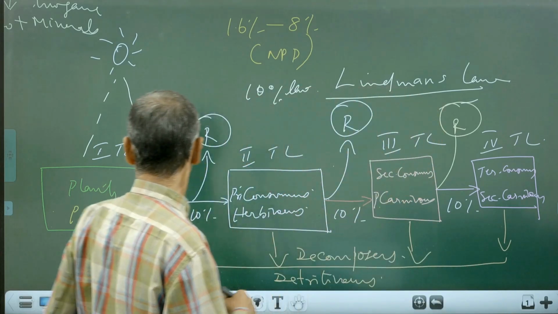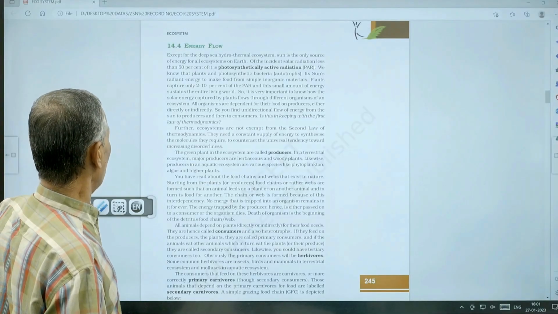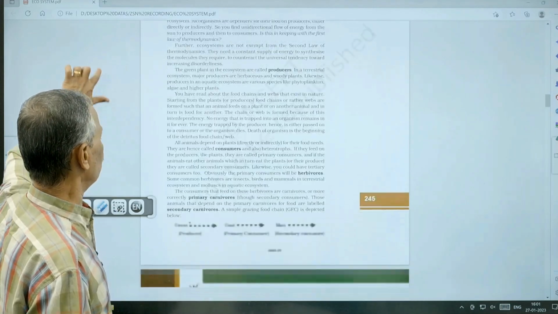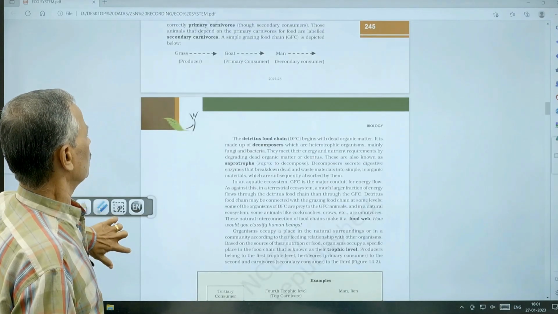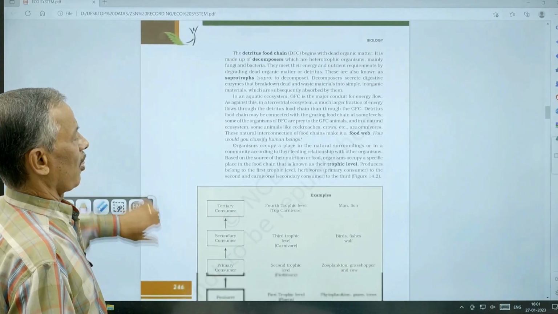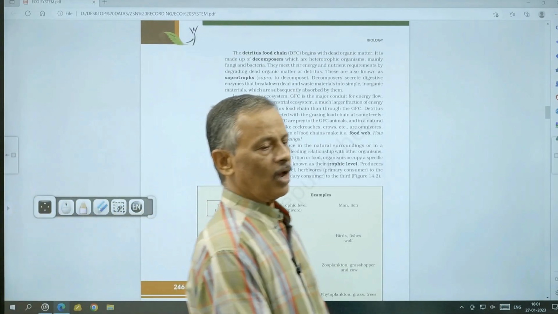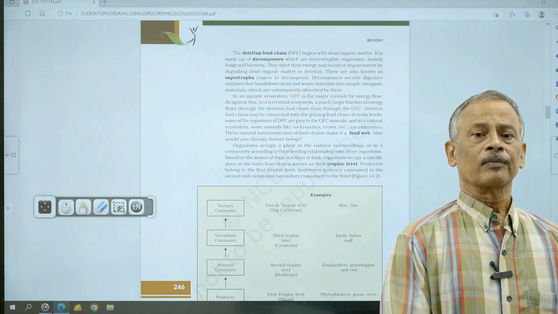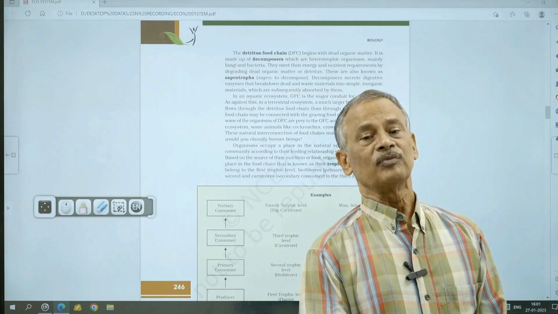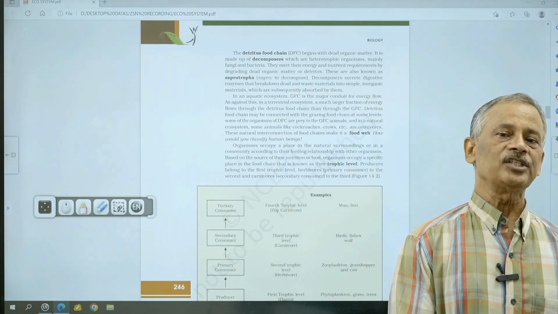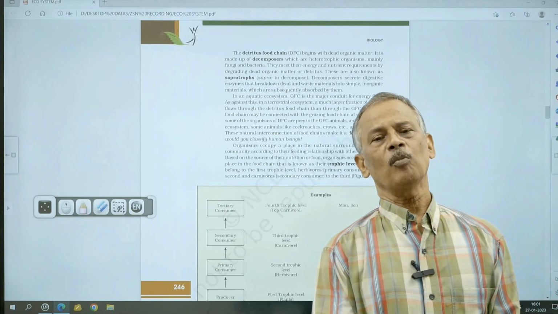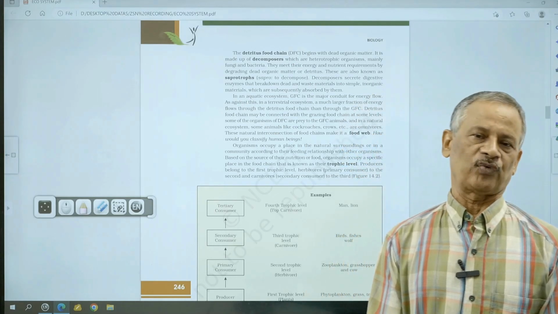We have three main types of ecological pyramids. What are these ecological pyramids? Ecological pyramids are graphical representations of the relation between energy, number, and biomass of organisms of each trophic level.